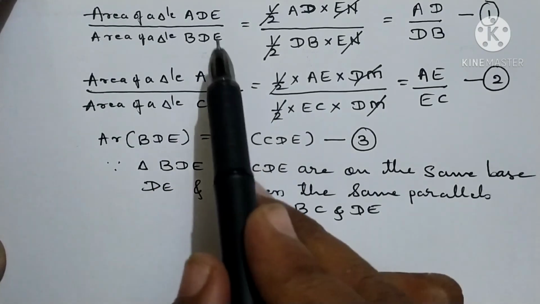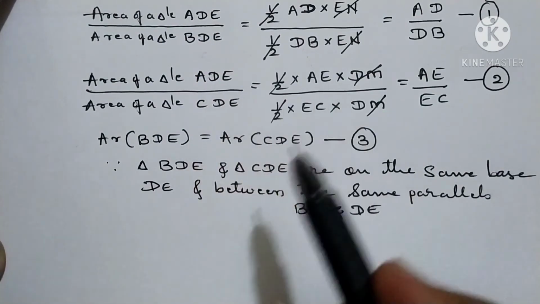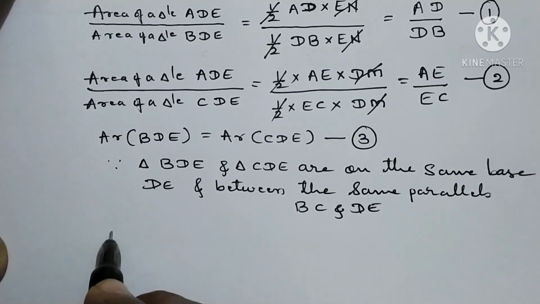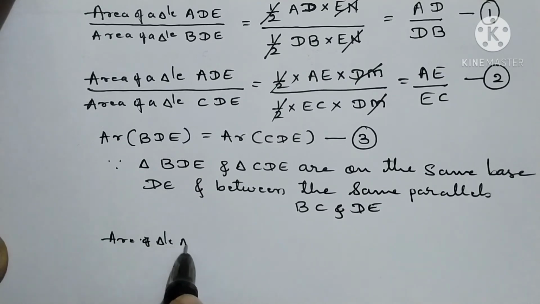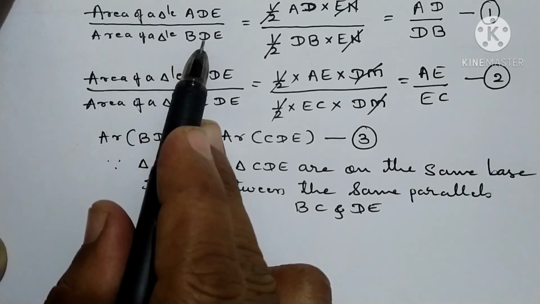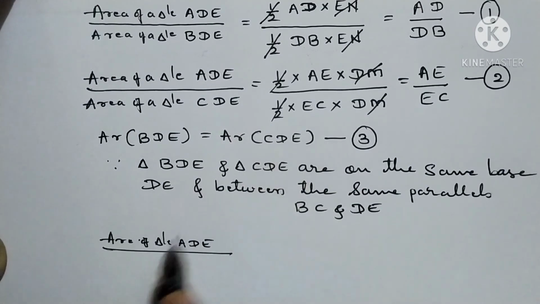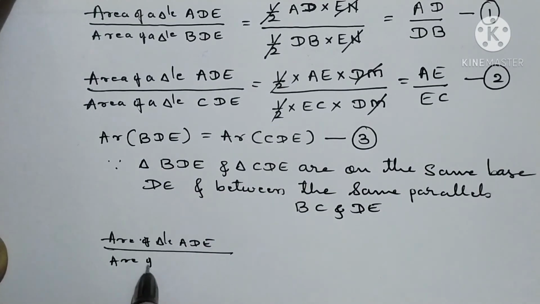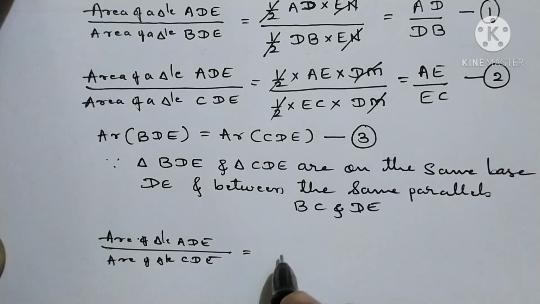That means here these two become the same. Area of triangle ADE divided by area of triangle BDE, that is equal to area of triangle CDE. So this is equal to what we got here, AD divided by DB.